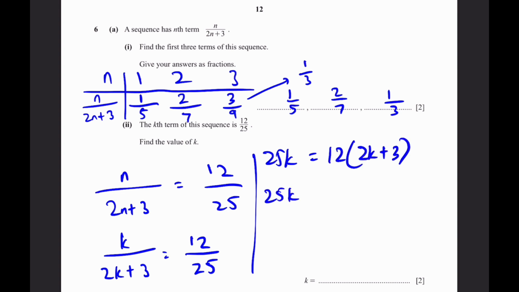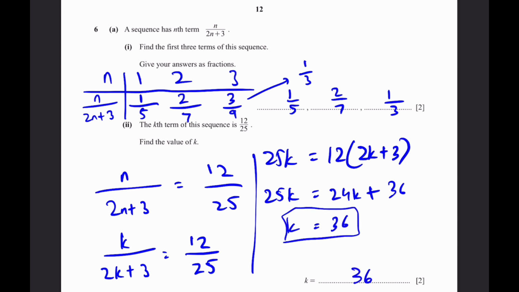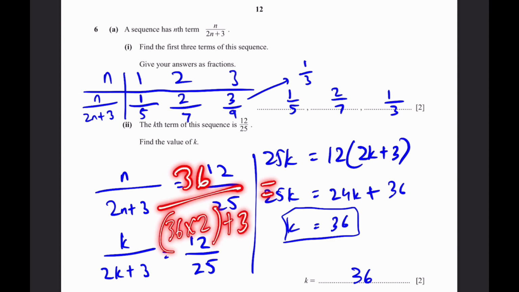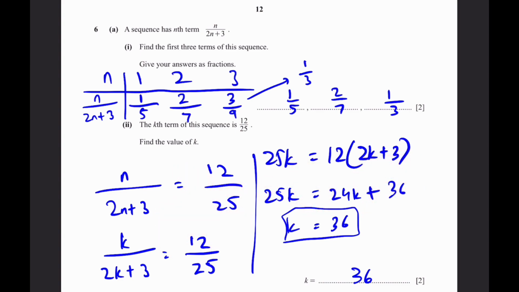And that means 25k is equal to 24k plus 36. So k is equal to 36. That's the answer. If you want to, you can substitute it in. That'll be 36 by 36 into 2 plus 3. That will be 36 by 75, which is equal to 12 by 25, and that's correct. So we know that the answer is correct.